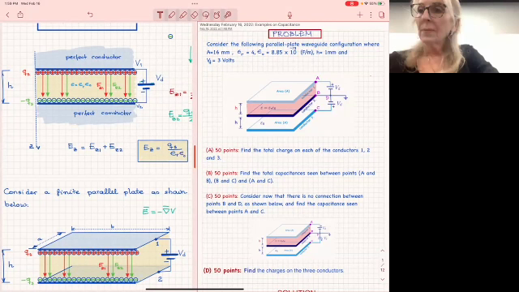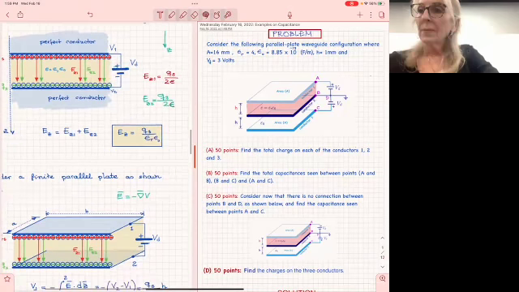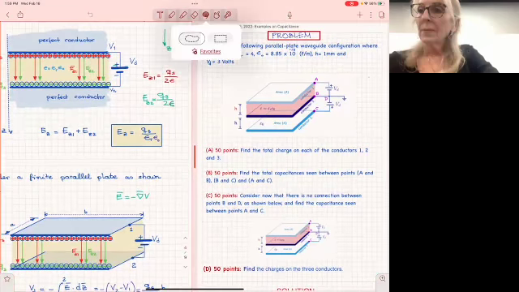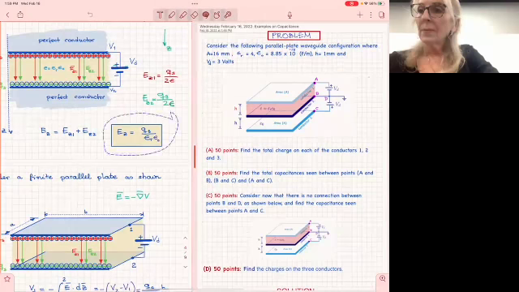So the two together, if you sum them up, you find the total field created between these two conductors. And the total field has this value here. So practically, to remember it, it is the charge distribution divided by epsilon.